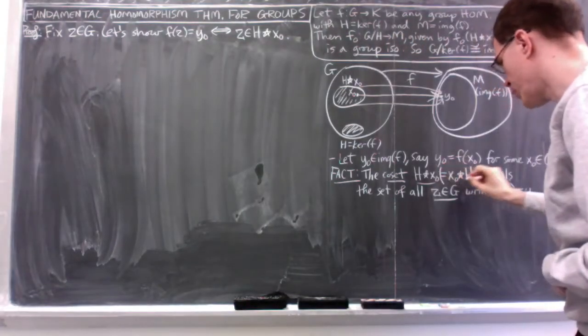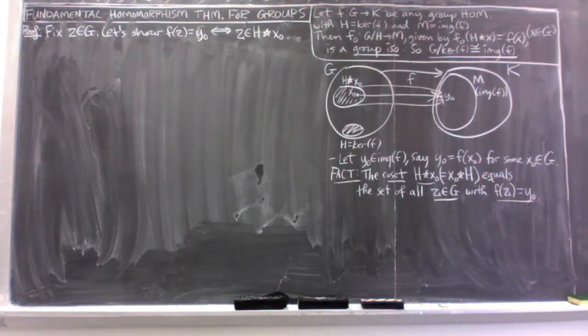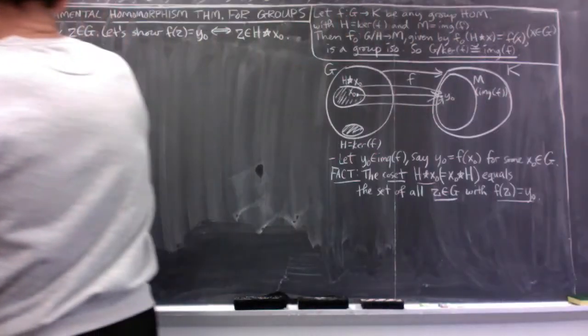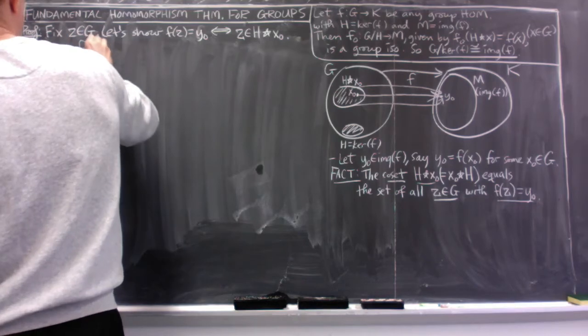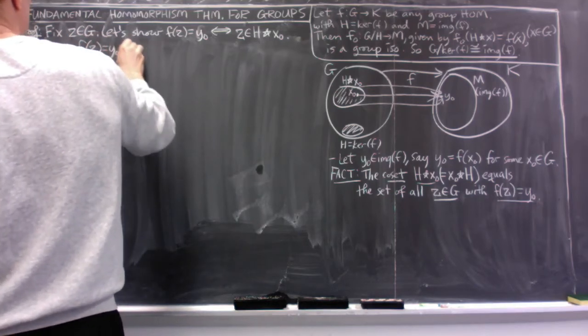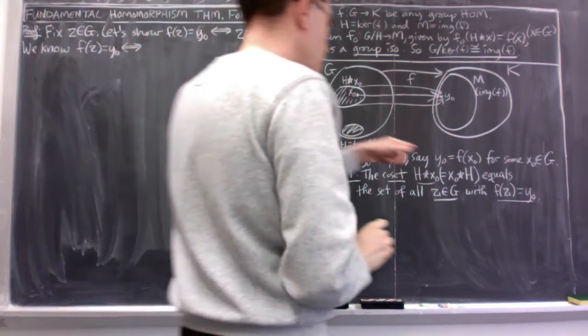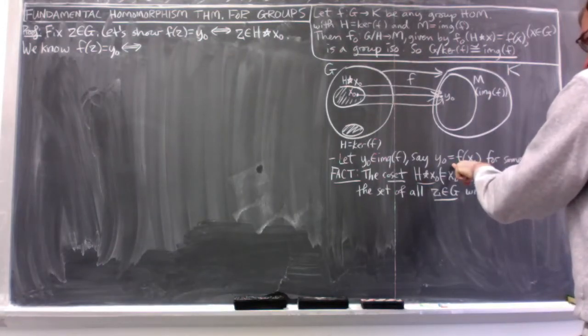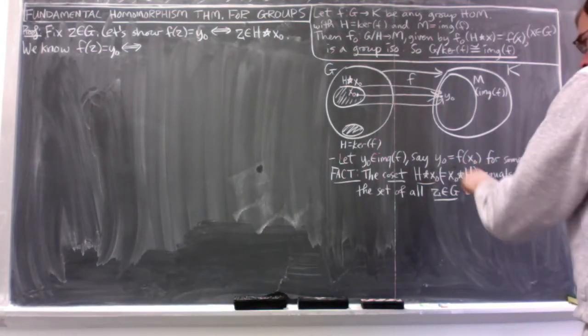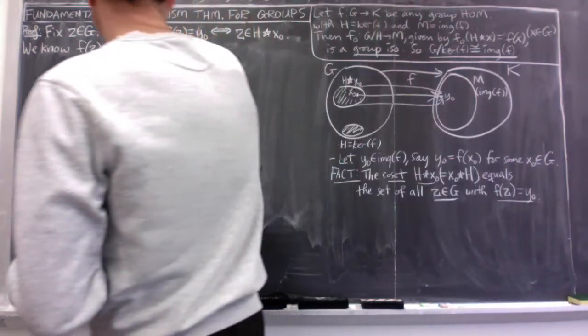And this is just a parenthetical remark about the left cosets. Well, let's try a chain proof, a chain of known if and only ifs that goes from the left side to the right side. So f of z is equal to y naught, which is this condition, if and only if, well, that means that f of z is equal to f of x naught.